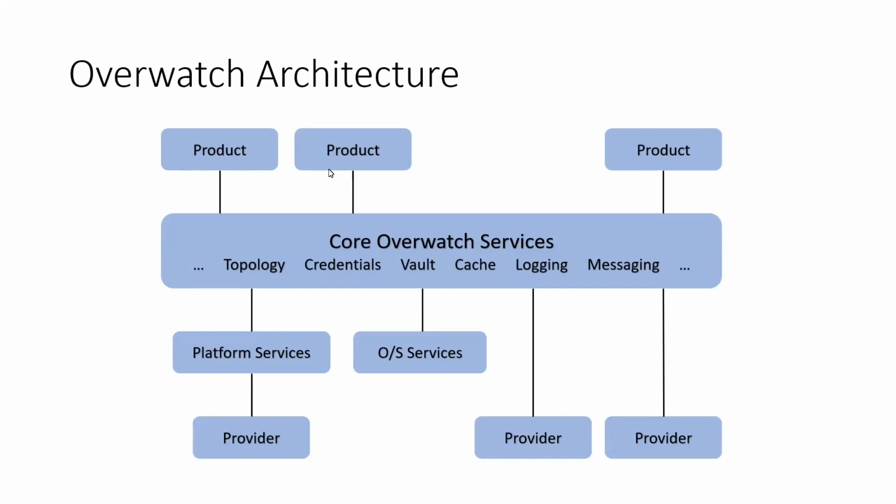The products sit on top of everything and make calls through those layers, and access to external assets such as a Twilio SMS API are done through providers. The products, the platforms, the OS services, and the providers are all extensible. You can plug in new things as you wish and make modifications to the ones that exist in order to meet your needs.